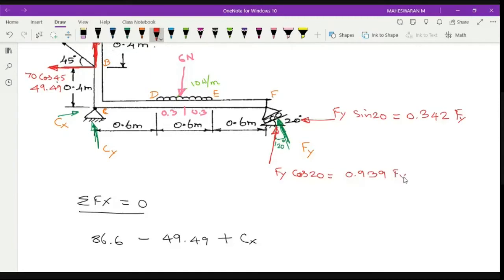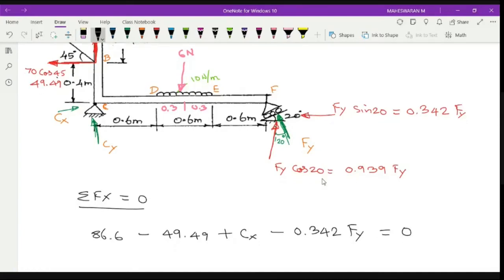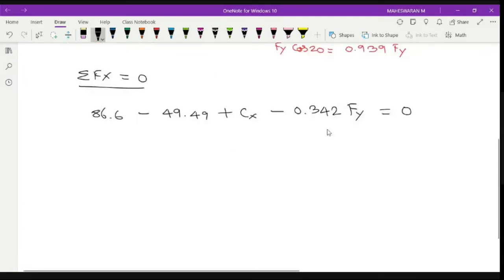0.342 Fy. Right? I am having that one, so that I have to consider. So minus 0.342 Fy. So this is equal to 0. In that case, I am getting an equation.